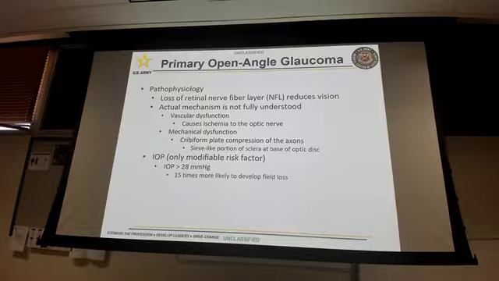And unfortunately for us, when we're managing patients with glaucoma, the intraocular pressure is the only thing that we're able to modify. So the pressures tend to be above 28 millimeters of mercury. Right, so normal is 21, so we're above that now. And those that experience high pressures like this are 15 times more likely to develop any type of field loss.